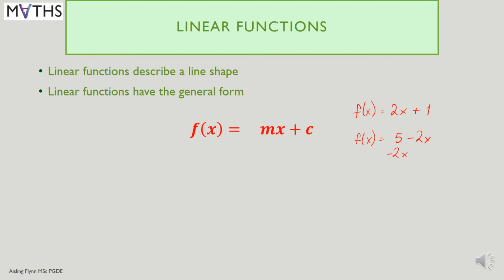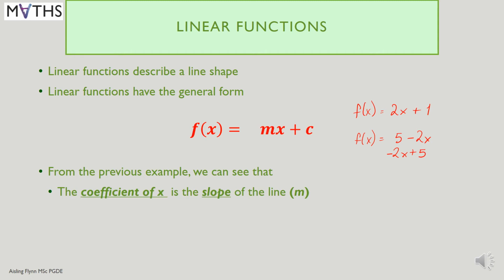minus 2x plus 5. So they have the form mx plus c, where c is a constant, a number. In our case it was +1 or +5, but equally it could be a negative number. From the previous examples we can see that the coefficient of the x is the slope of the line.